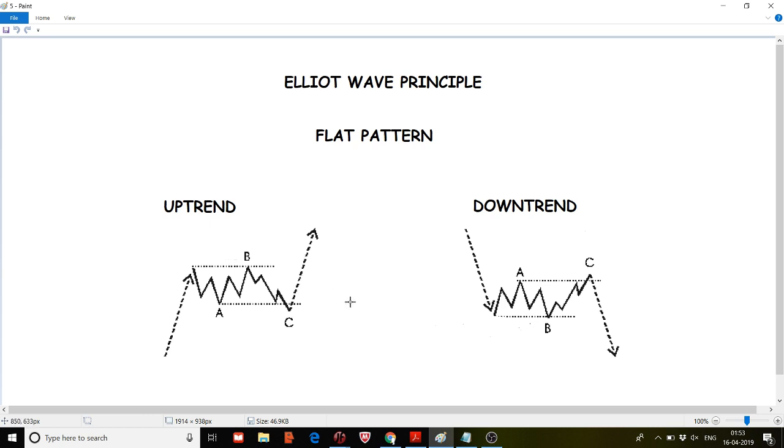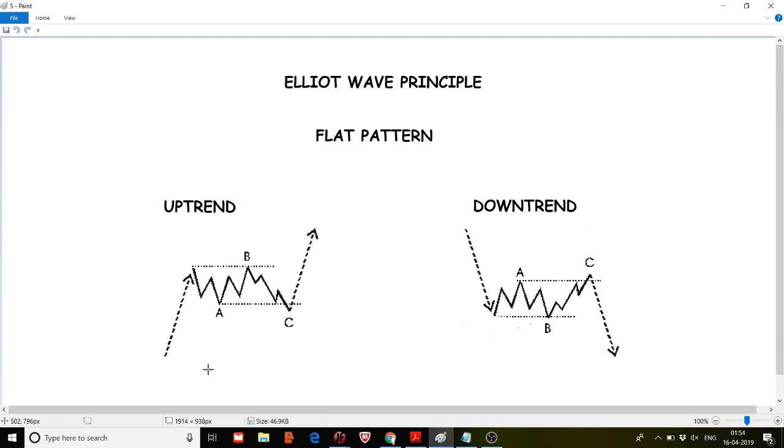It will consist of three waves: wave A, wave B, wave C, and the starting point of wave A will be nearly equal to the end point of wave B. Where wave B ends, it will be almost equal to or lesser than the beginning of wave A, and C will be at the level of the end point of wave A. If you know the technical double bottom like structure, it will be almost similar to that structure.